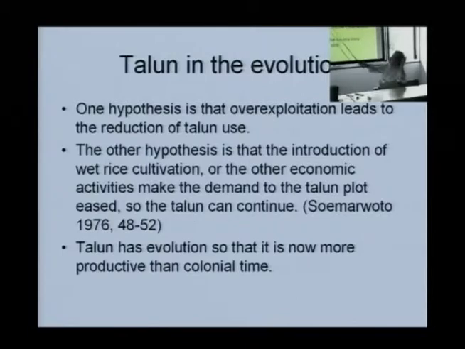Sumarwoto mentioned that now wet rice cultivation increased, or the non-farm sector increased, or, for example, migration from rural areas to urban areas increased. In that way, the demand on the land decreased, or the demand on the land did not increase.